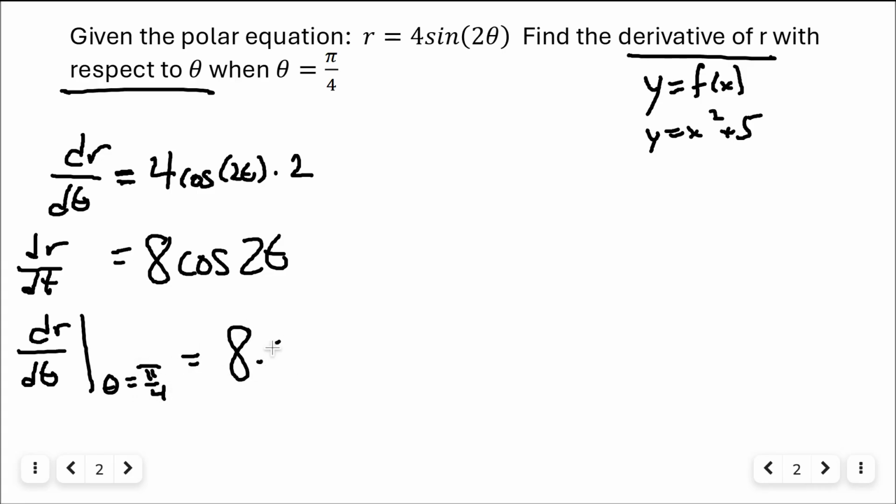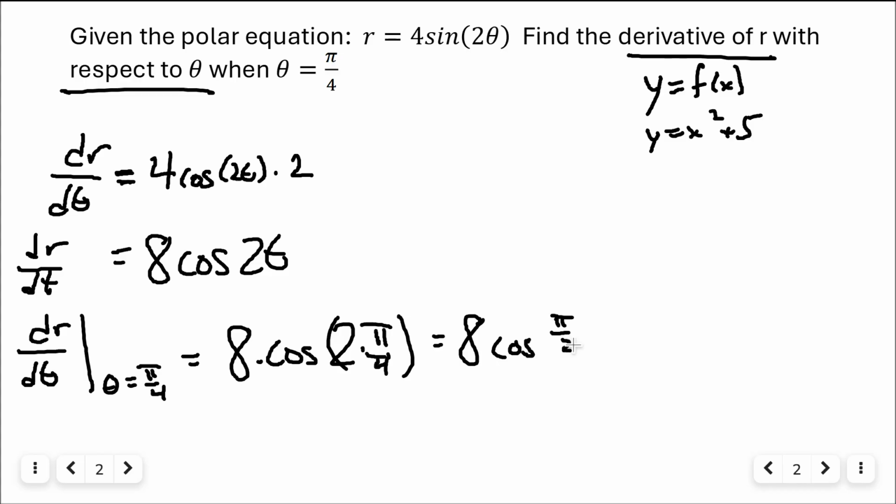So that's 8 cosine 2 times pi over 4, which is 8 cosine pi over 2. The cosine of pi over 2 is 0, so dr d theta is 0, because this is 8 times 0. That would be dr d theta evaluated at theta equals pi over 4.